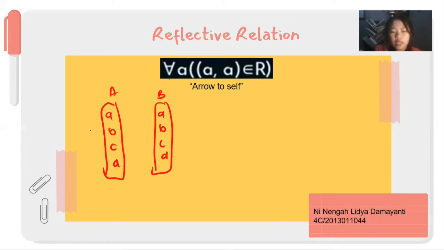So basically, this relation is an arrow to itself. So for every element x, there is (x, x). So there must be an arrow from a to a, b to b, c to c, and d to d. We can also draw an arrow from d to b, or b to c, or a to b. It's still called reflexive.